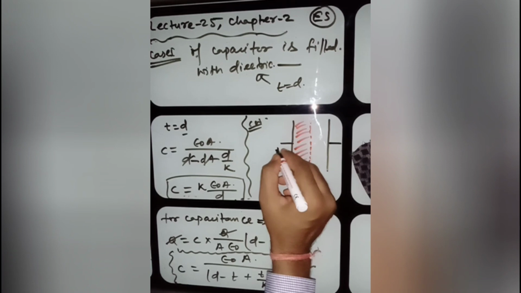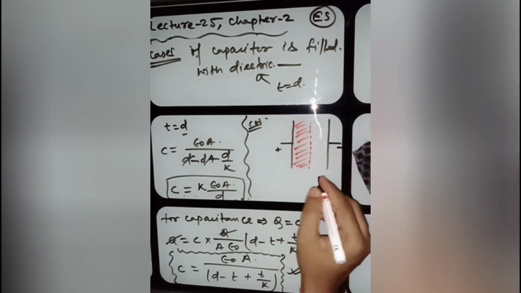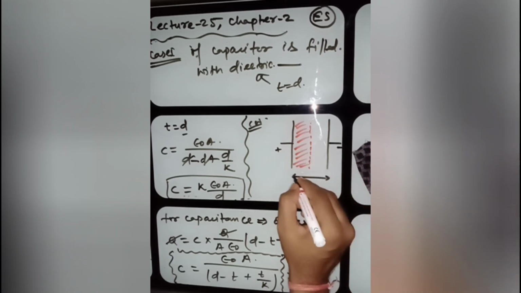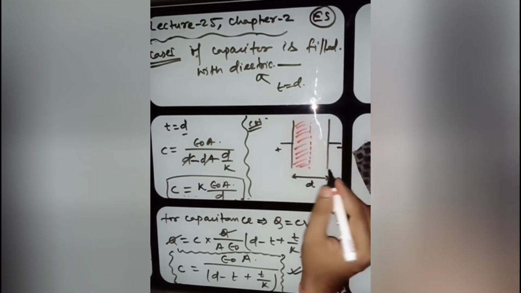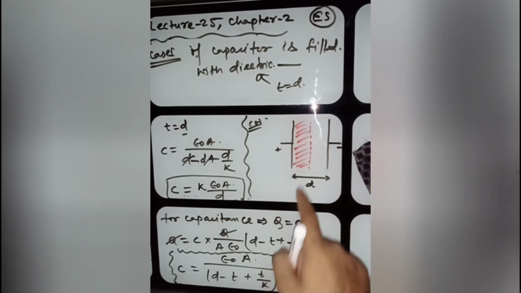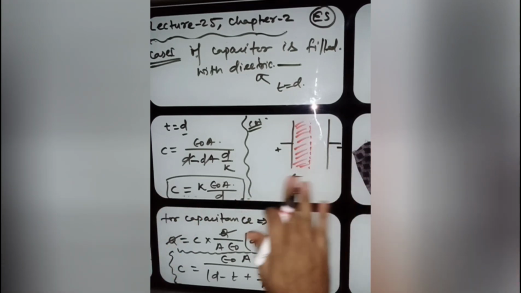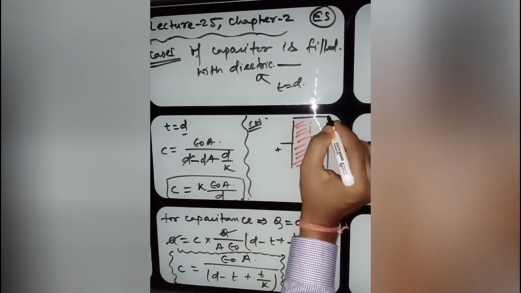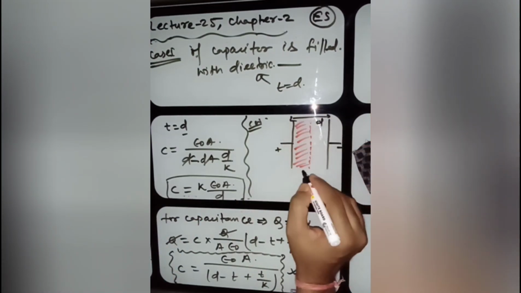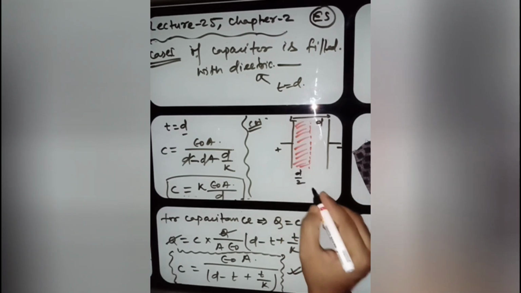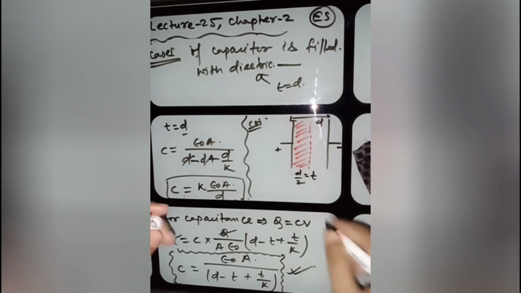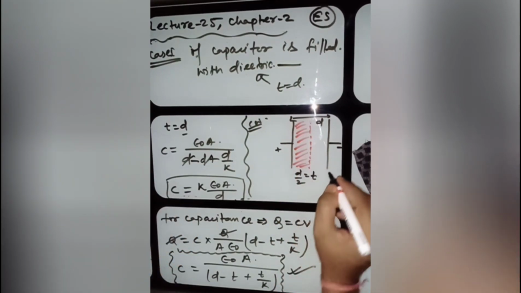It is connected with the positive and negative terminals. The entire separation is D, and the thickness of the dielectric is D by 2. This is D and this is D by 2. What will be the capacitance?